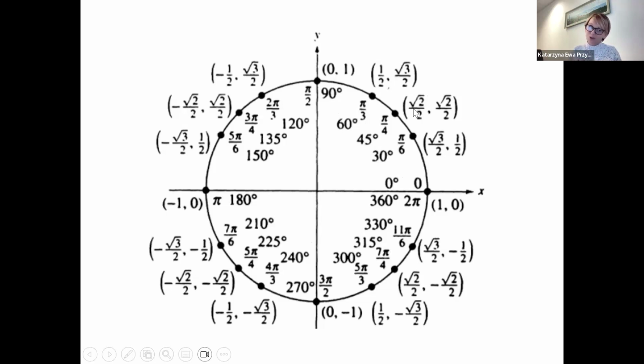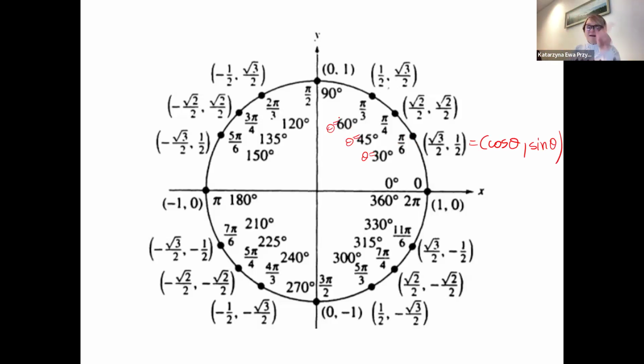And we know what these values mean. What is the first coordinate? It's cosine. That means we can say it's cosine theta and then sine theta, where theta is the corresponding angle.